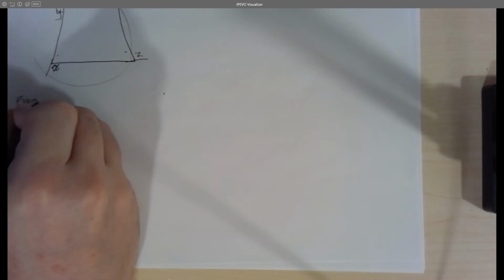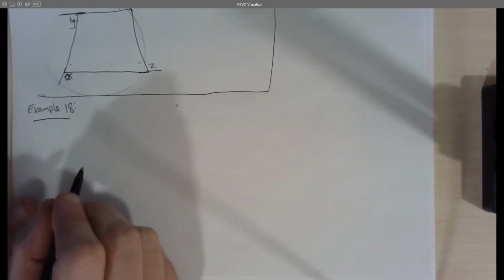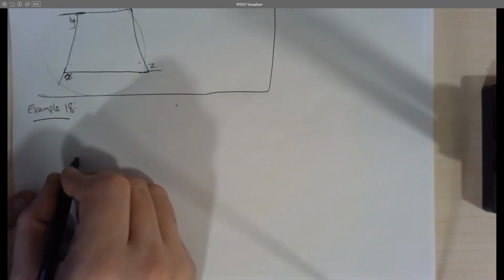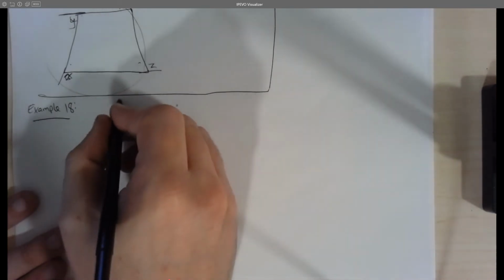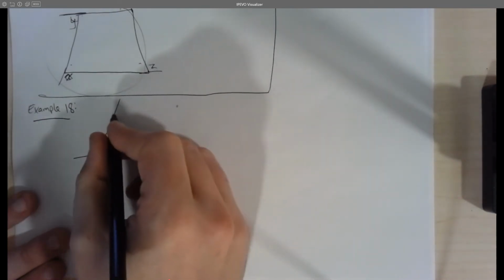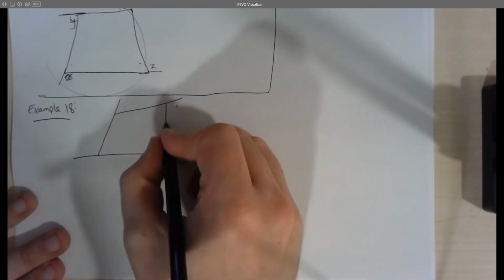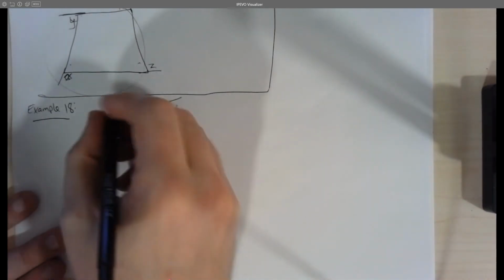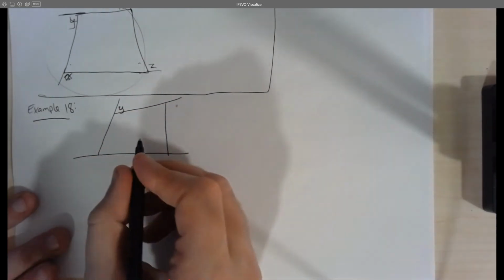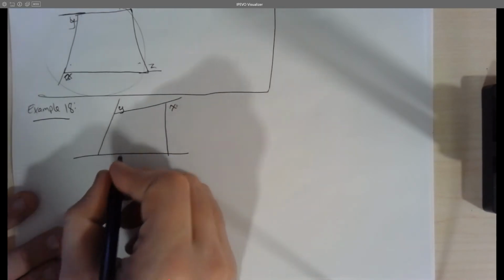Example 18. Example 18 gives us quite a shape here. Let's see if we can draw at least most of what's here. We're given information that this is our Y, that's what we need to solve. This is our X, that's also what we need to solve.